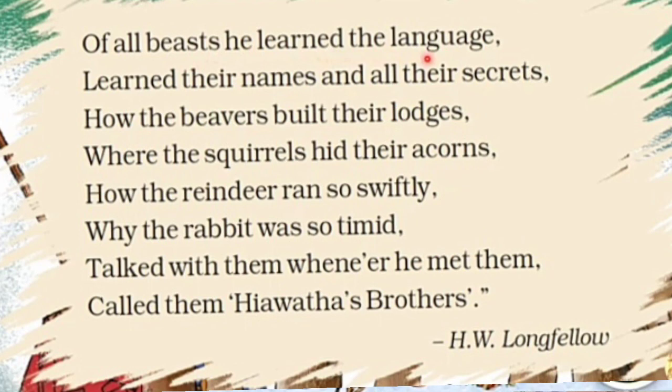Whenever he met the animals, he talked to them and called them Hiawatha's brothers. So Hiawatha loved all the birds and animals. He called birds Hiawatha's chickens and animals Hiawatha's brothers.